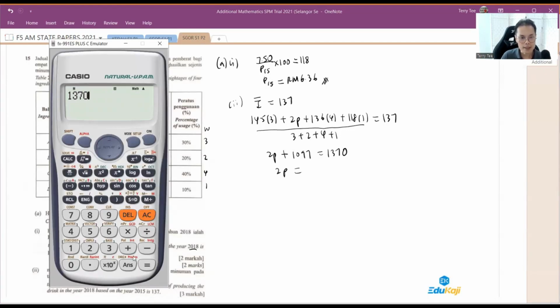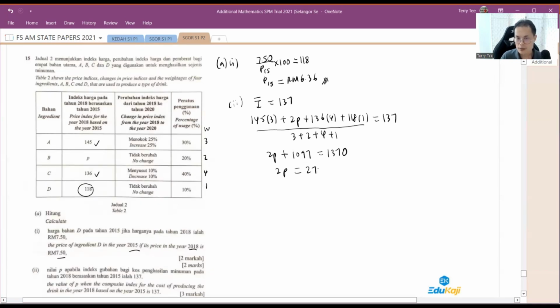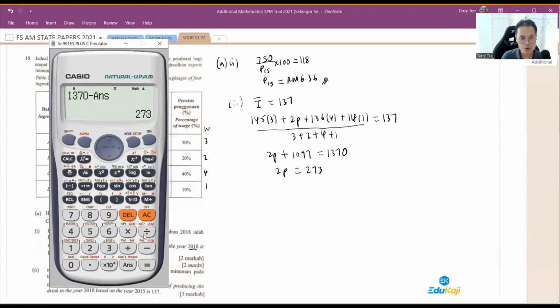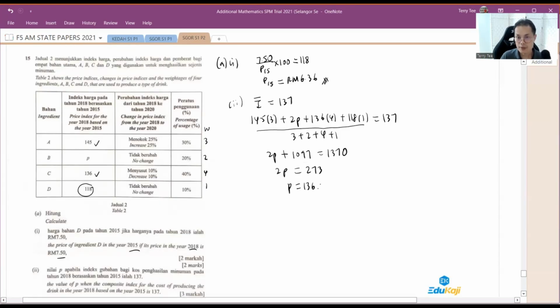You minus this answer, and your 2P is 273. You just divide by 2, you will get 136.5. Pretty simple. That's part A, Roman 2.